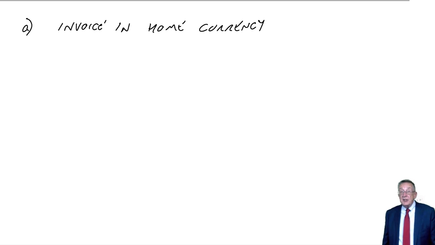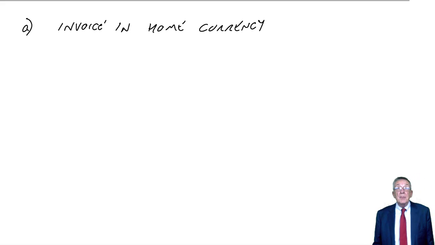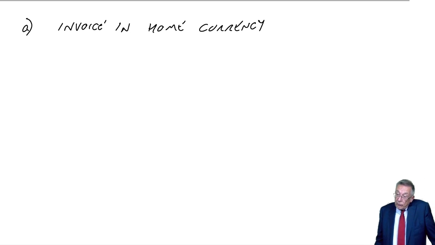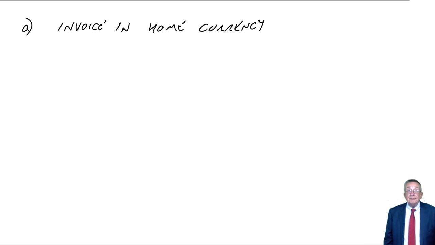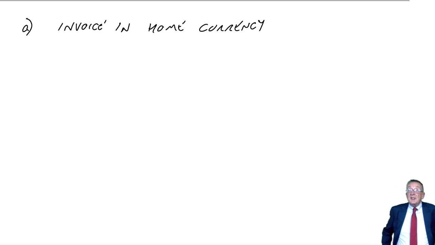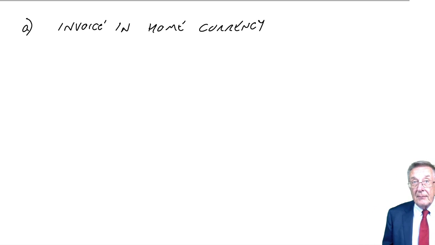I'm not worried about changes in exchange rate. It's the customer who's got the problem. The American person has to buy the pounds. No risk at all. Except, of course, if it's a huge customer, we might not be able to invoice in pounds. They may insist on us invoicing in dollars. Perhaps we do that rather than lose the customer, in which case there'd be risk.